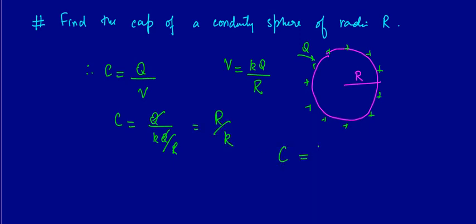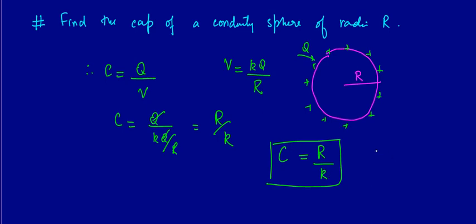So here you can see clearly that the capacitance depends on two things. r is the radius. This radius is the representative of the size of the conductor. And k is the Coulomb's constant. And we know from earlier classes that this Coulomb's constant depends on the nature of the medium.